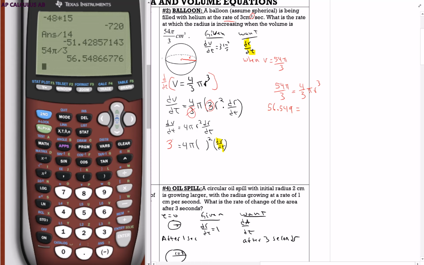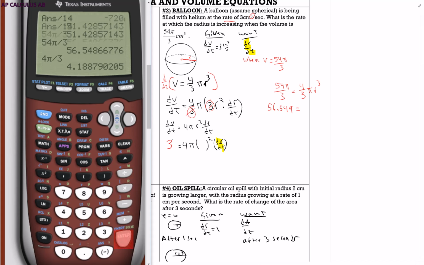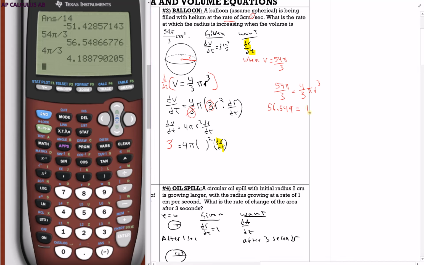What's 4/3 pi? Let's do that now. What's 4 pi divided by 3? That's 4.189 times r cubed. Now imagine how I would solve this equation.